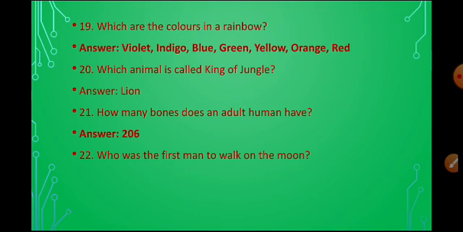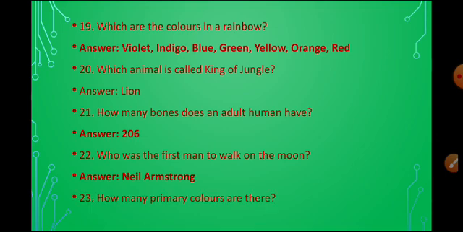So the name of that person is Neil Armstrong. Neil Armstrong. See the pronunciation and try to remember the name with correct pronunciation. Neil Armstrong. This is the first man who walked on the moon.